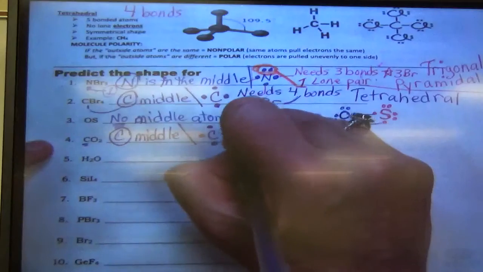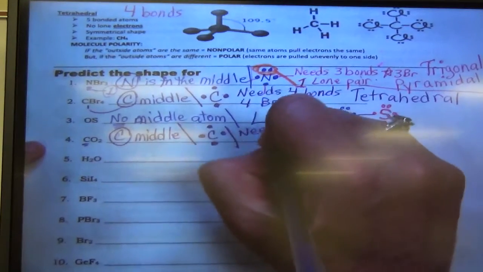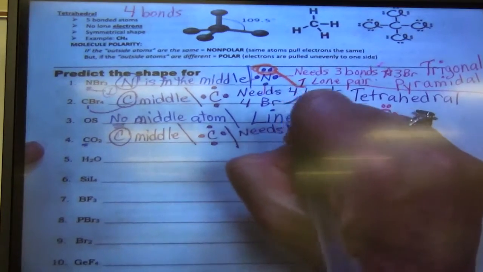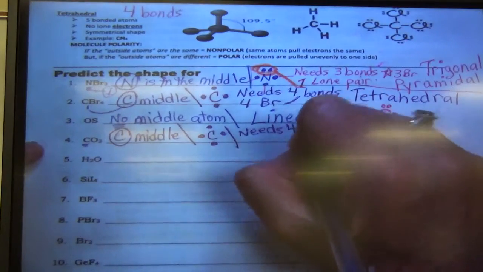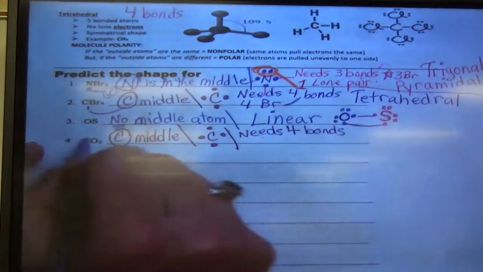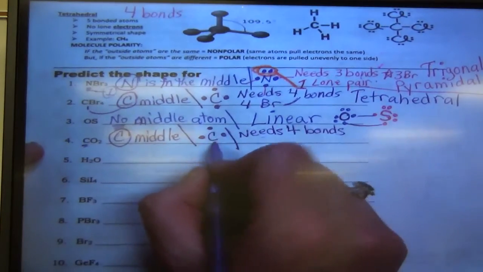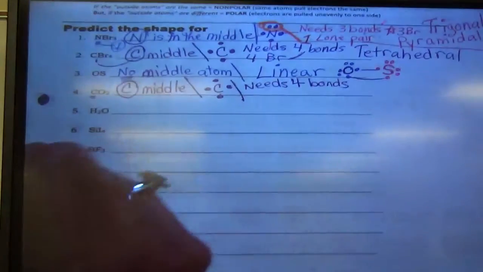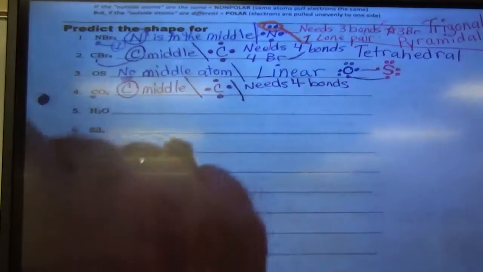It needs 4 bonds because that's what carbon always does. Silicon is like carbon. It would need 4 bonds also for discussions in our class. Needs 4 bonds because it had 4 lonely electrons. They need a partner.